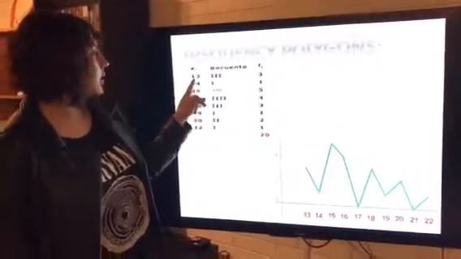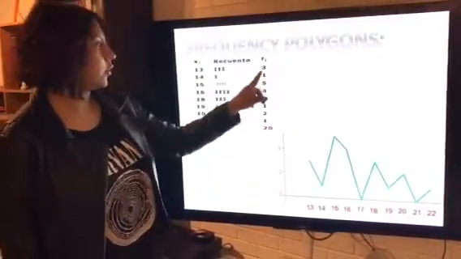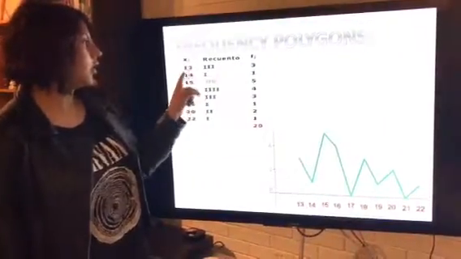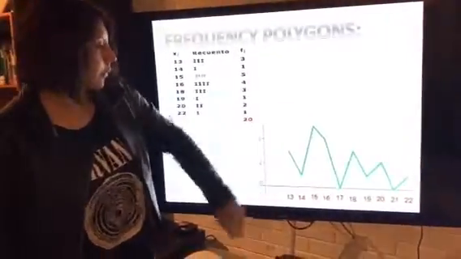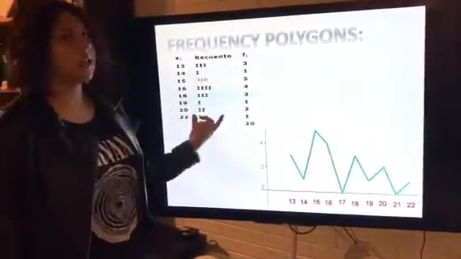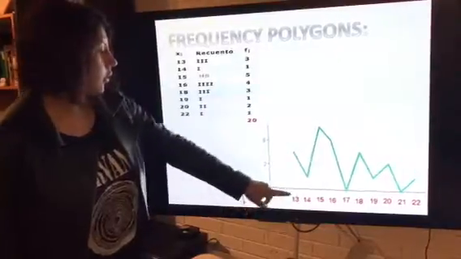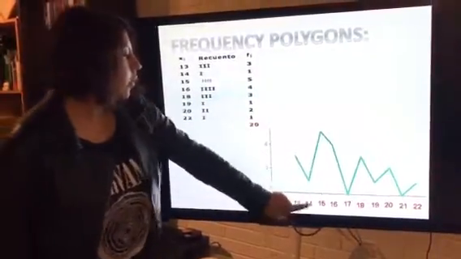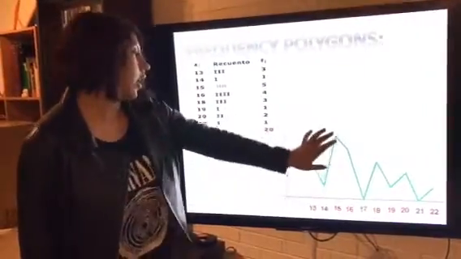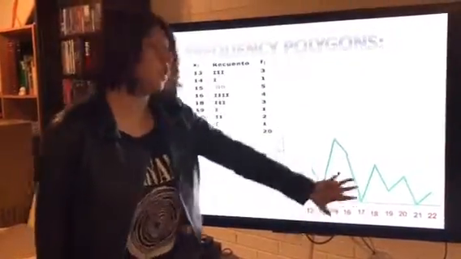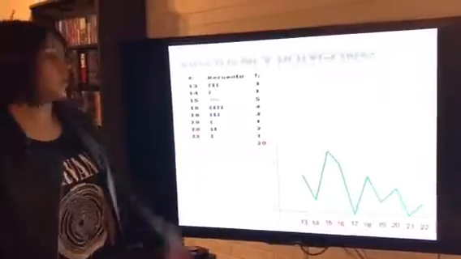So if it's 13, we have 3 repetitions of 13, and 1 repetition of 14, and so on. This is a graph, and we have this data in this graph. So 13 is in the 3, 14 is in 1, and 15 is in the 5 because it's 5 repetitions, and so on.